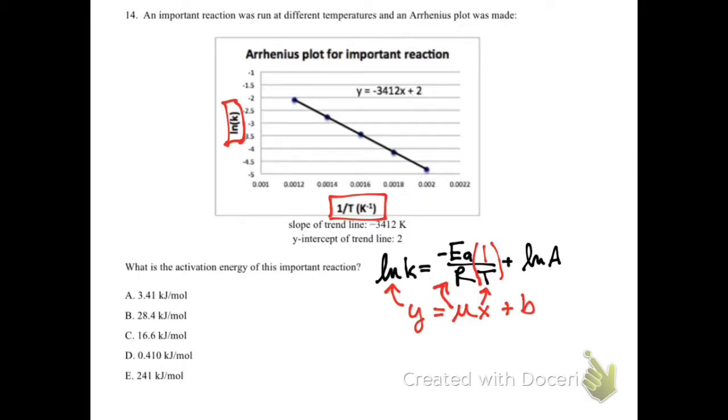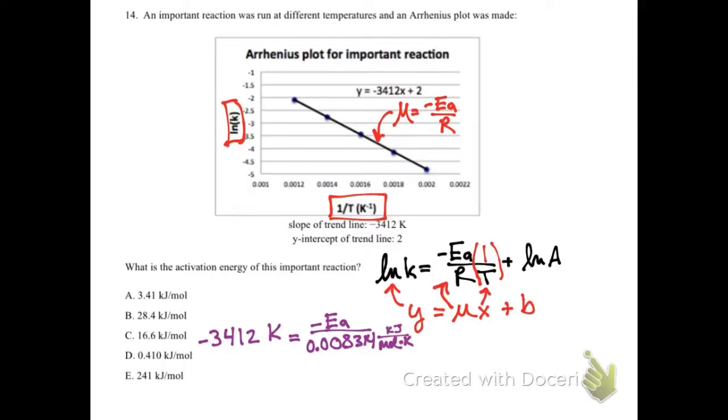Our slope of this plot is equal to negative activation energy divided by R. So all we actually have to do here is take our slope, which we're told is negative 3,412 K, not K to the negative 1, just regular old K, and set that equal to negative activation energy divided by R, 0.008314 kilojoules per mole Kelvin.